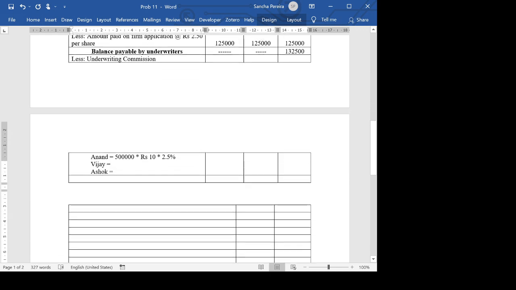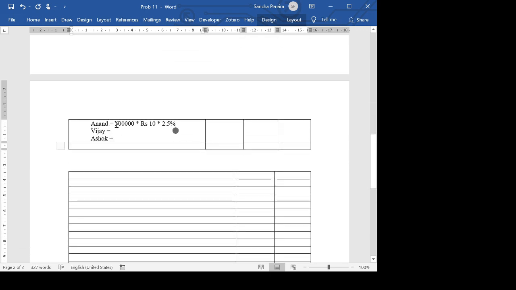Okay, so for all it will be the same because they all have the same liability.